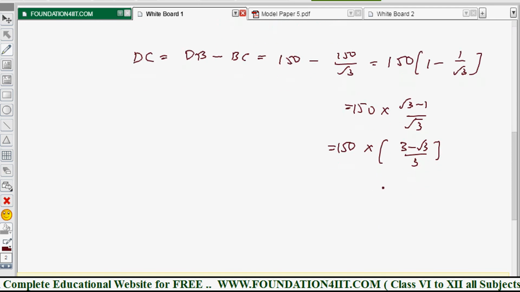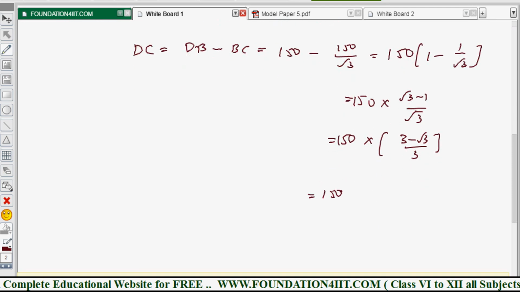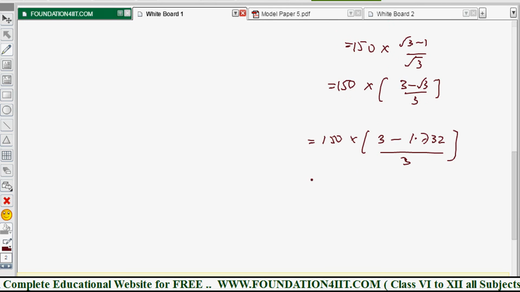We know the root 3 value is 1.732, just apply 150 into 3 minus 1.732 by 3. Subtract that and divide this. So finally get 150 into, use calculations. So in the final simplification, this 3 minus is subtract.